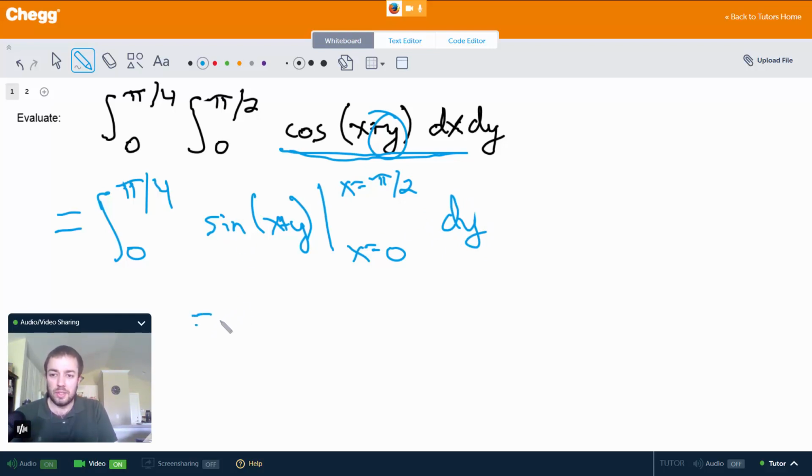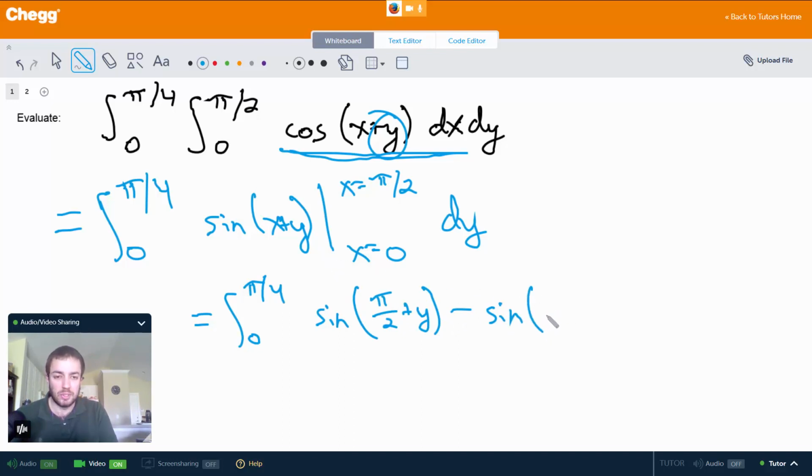Okay, now this is going to be equal to the integral from 0 to pi over 4 of... Now we just evaluate. This is going to be sine of pi over 2 plus y minus sine of 0 plus y, which is just sine of y. And then we still have all of that dy.